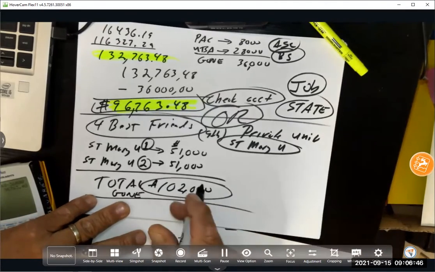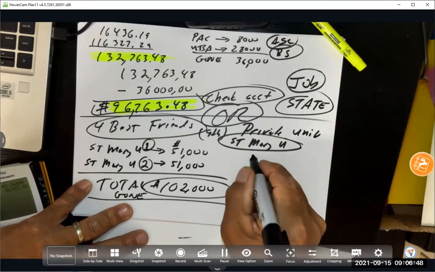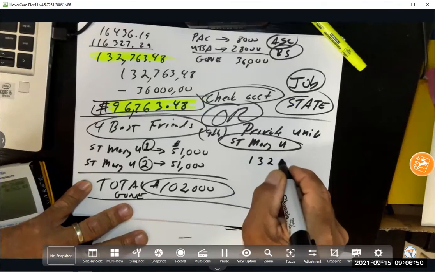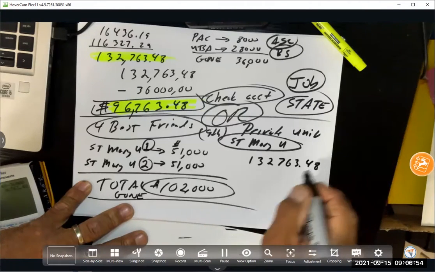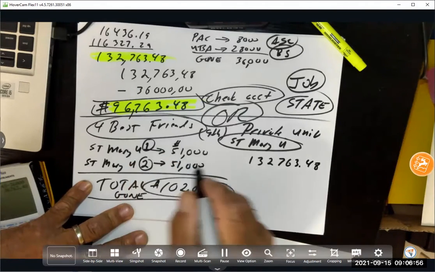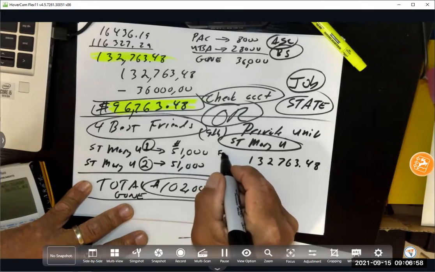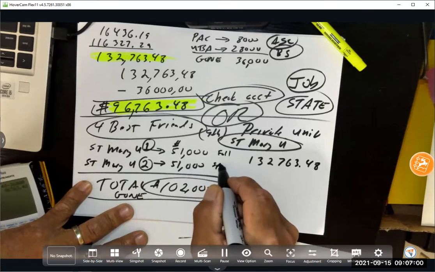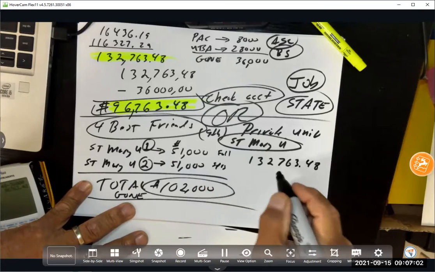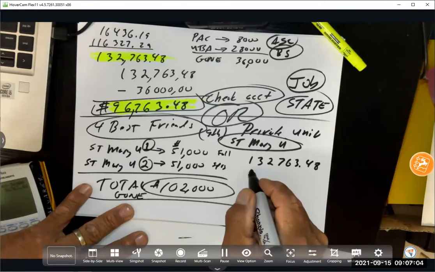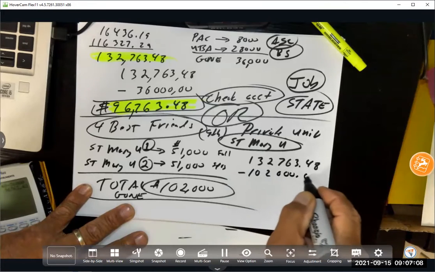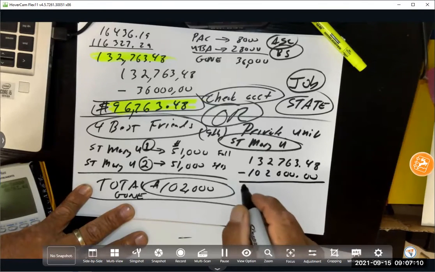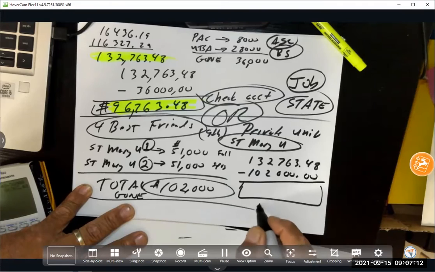So if I go this way, yes, I did have $132,763.48. But since I went fall and spring to this place here, that means that I already spent $102,000 of my money to pay tuition. So how much is left over?